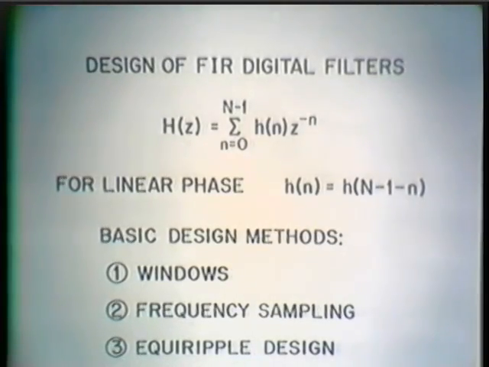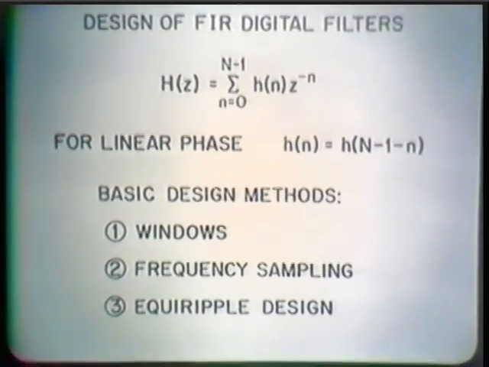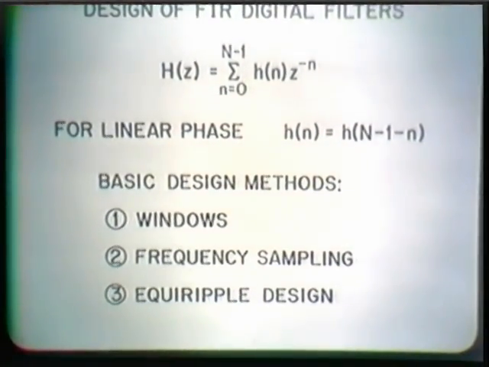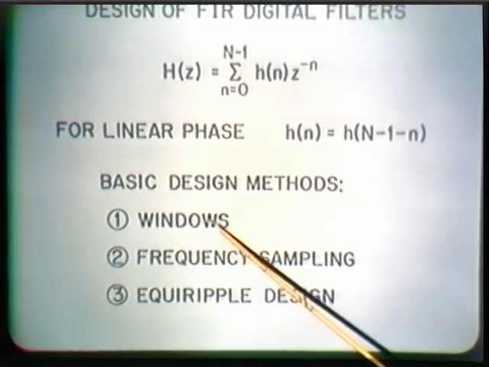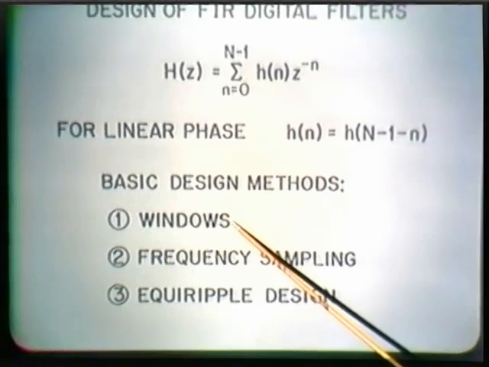The three basic design procedures that I'd like to talk about in this lecture, basically introduce in the lecture, are first of all a design technique which is referred to as the window method.